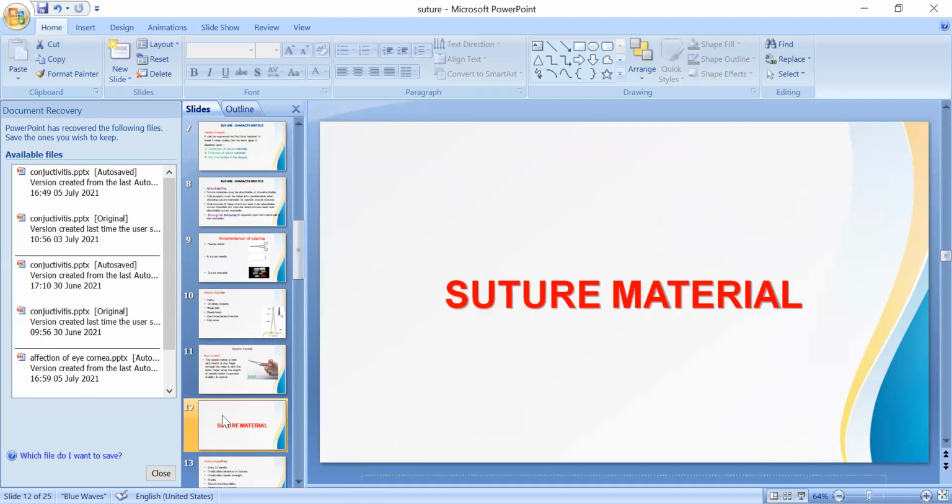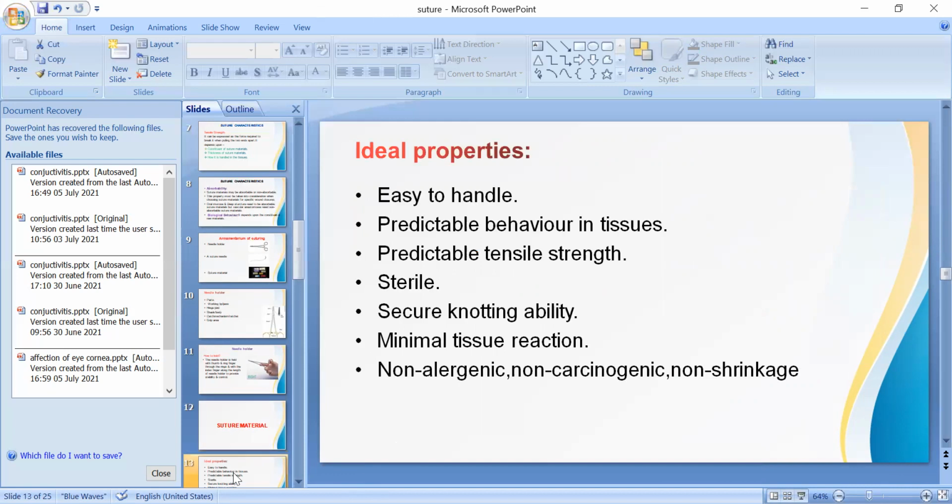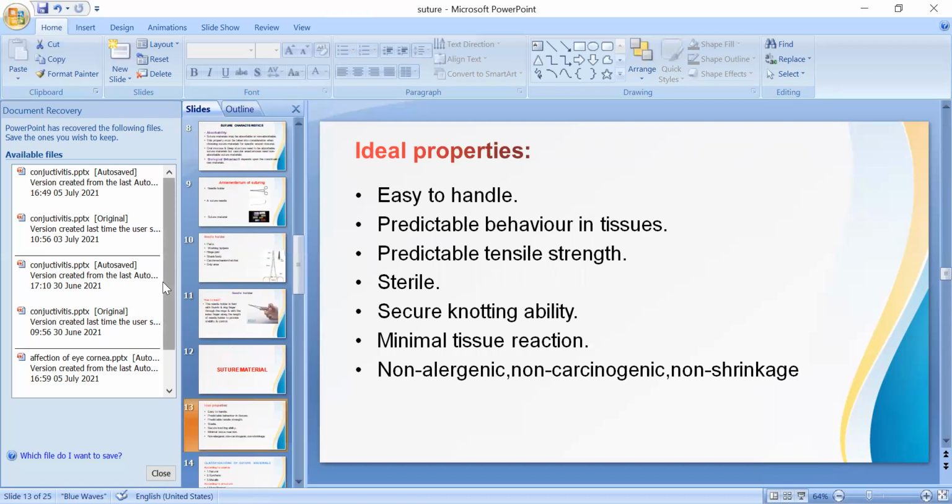Now an important thing, that is suture material. Ideal properties of suture material: easy to handle, which is very important; predictable behavior in tissue, meaning there are no significant tissue reactions; and predictable tensile strength, which is also very important.